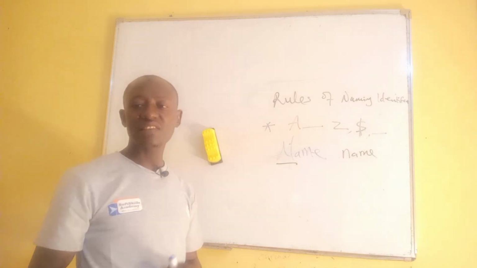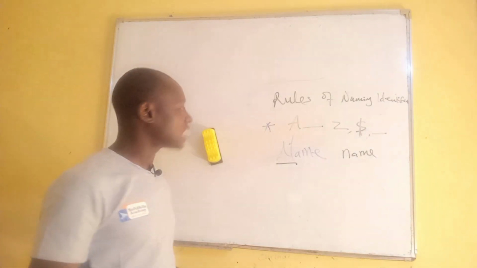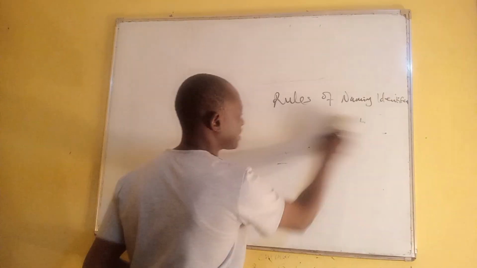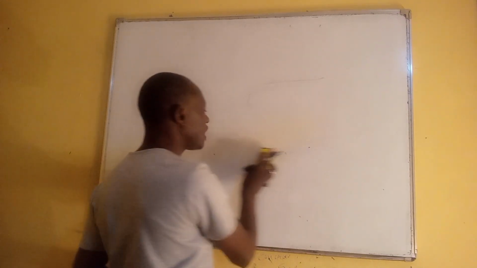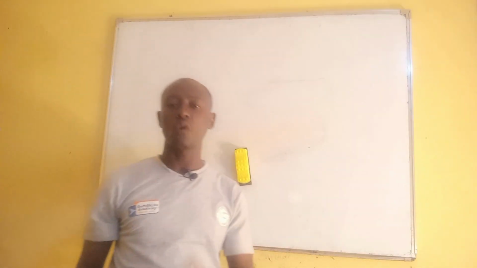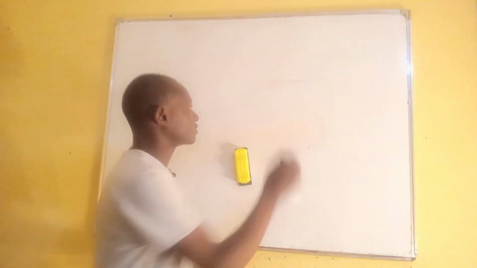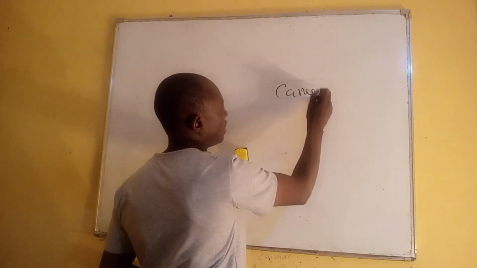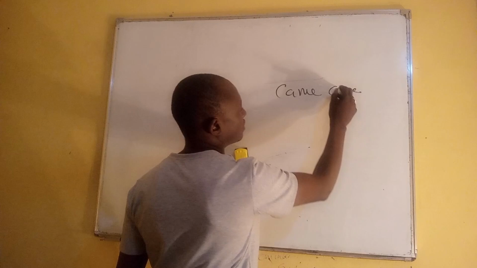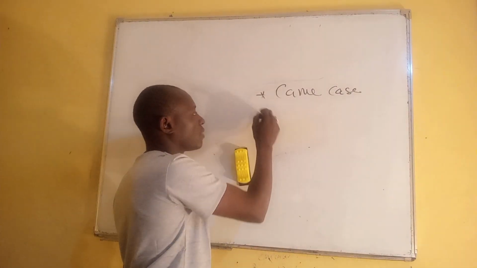So regarding case in Java, we have three types of case. One, we have camel case. Are we together? That is number one.